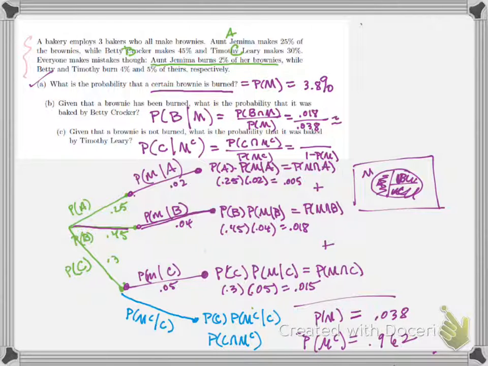But what is this blue line right here? Well, it's the complement of the one above, so it should be 0.95. Okay, so what this tells us, C and not M, so we have 0.3 times 0.95, that gives us C and not M, and we divide it by 1 minus P of M, which we know to be 0.962. Whatever that simplifies to.